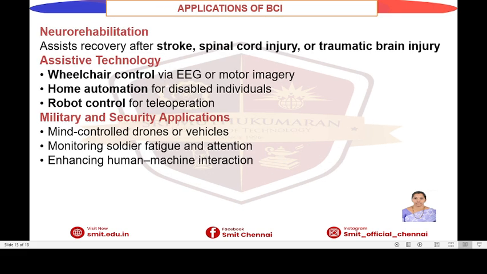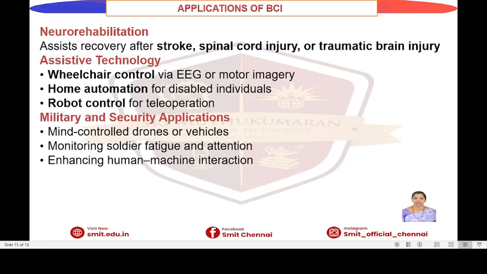Last, what are the applications of BCI? Generally it falls in medical applications, that is neurorehabilitation, which can assist recovery after stroke and spinal cord injury.